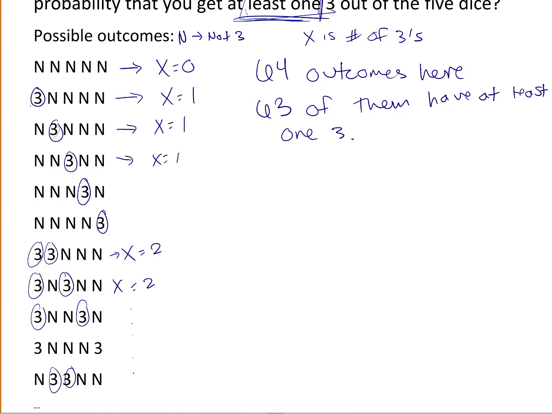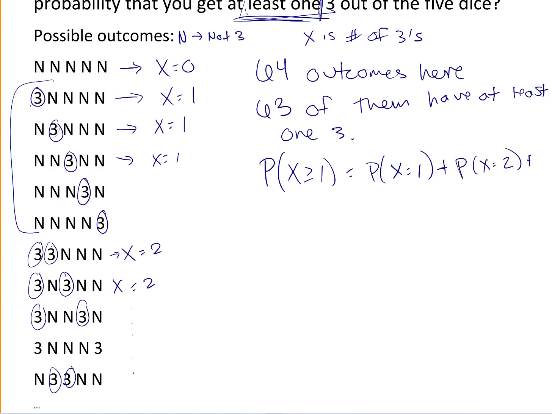That would make it easier, but I'd still have to find a lot of probabilities, because the probability that X is at least 1 is equal to the probability that X equals 1, which is all 5 of these outcomes added together, plus the probability that X equals 2, plus the probability that X equals 3, plus the probability that X equals 4, plus the probability that X equals 5.